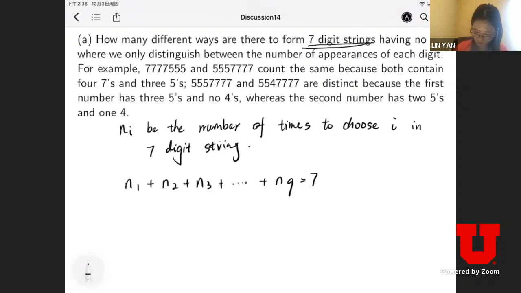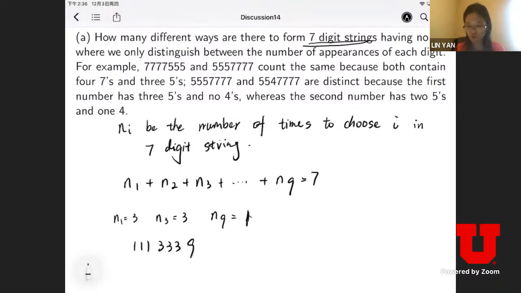So if we have n1 equal to 3, n3 equal to 3, and n9 equal to 1, then we will have 1, 1, 1, 3, 3, 3, 9 in the digit string. So the question can be converted to how many possible solutions there are to this equation.